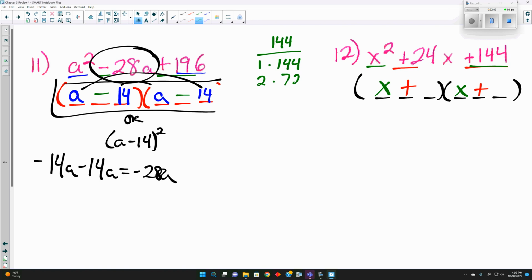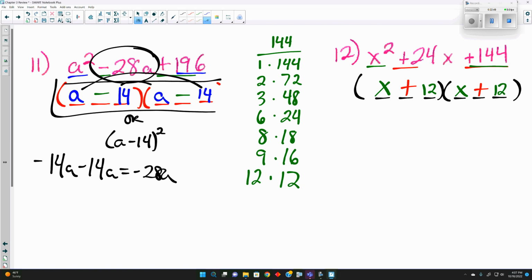We also have 2 and 72. 3 does work, and 48. 5 doesn't work, but 6 does: 6 and 24. 144 divided by 7, 7 doesn't work. 8 and 18. 9 and 16. 10 doesn't work. 11 doesn't work. And 12 does. Well, I'm going to try 12 and 12.